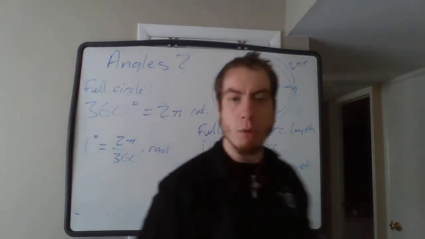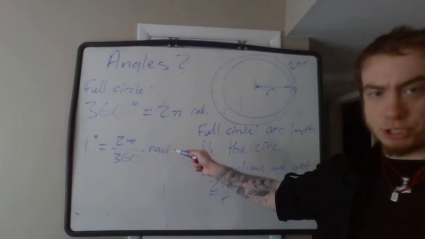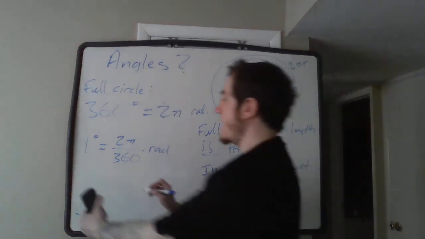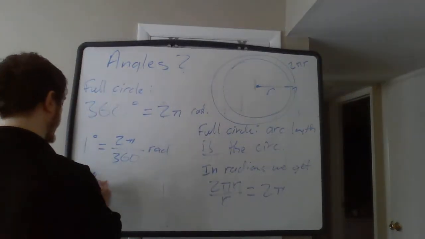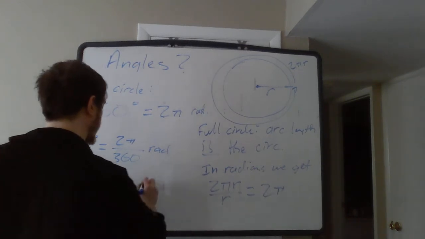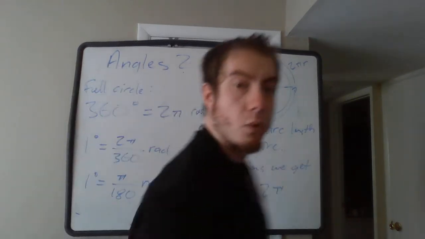Well, think about that for a moment. I can actually simplify this expression just a bit because I can cancel out the 2 and the 360, and I can say 1 degree is equal to pi divided by 180 radians.